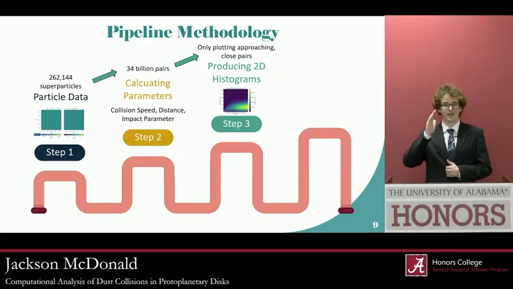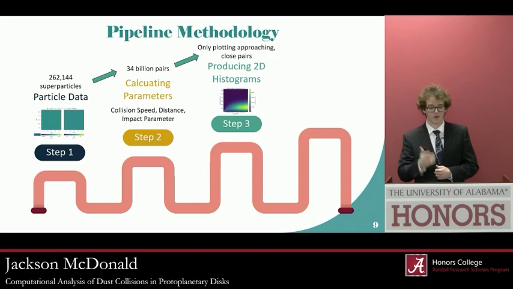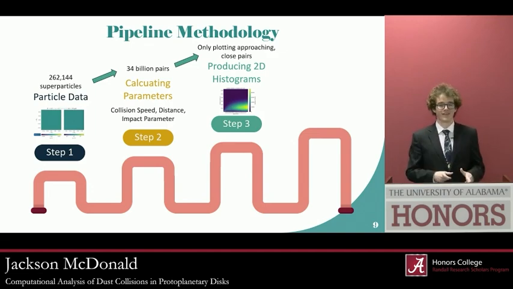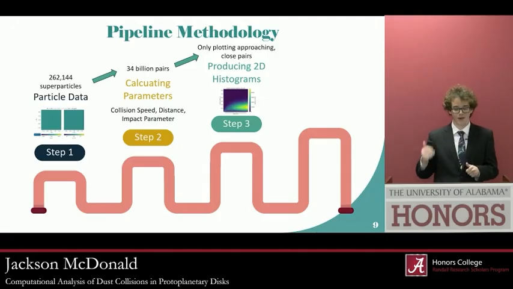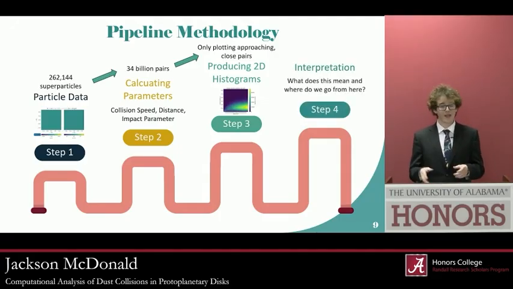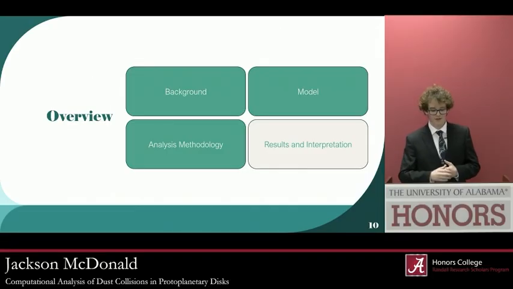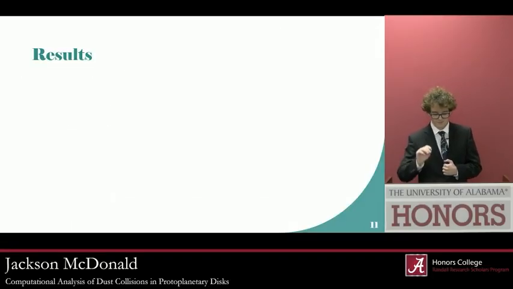And we also have a variable to decide what the maximum distance between particles we want to graph is, again, because those close particles are the ones that are interacting with those collision speeds that we calculated before. And from here, we can make some interpretations using these graphs, bringing us to our final section.